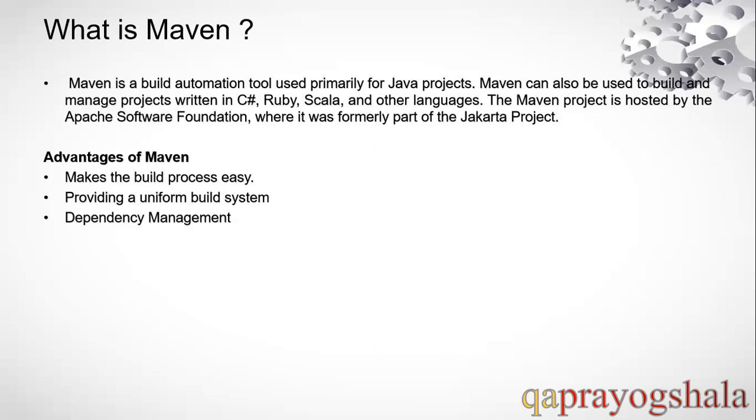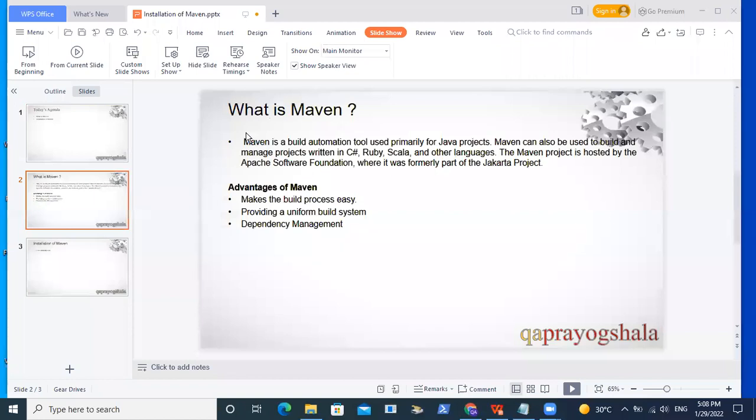Other advantages include that it provides a uniform build system, and finally the dependency management. These are some of the advantages of Maven. In the subsequent sessions we'll see in depth all the commands and all that stuff. But for now that is what Maven is.